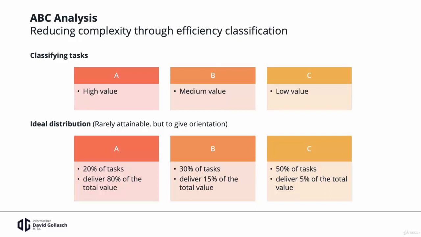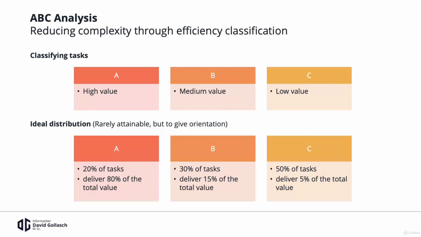Well, the ideal distribution of this ABC analysis means that, based on the Pareto principle, 20% of your tasks are part of the A category, so have a high value, meaning that 20% of your tasks should be in the A class or in the A category, and we should see that the fulfillment of these 20% of the tasks will deliver 80% of the total value or of the result of the project.